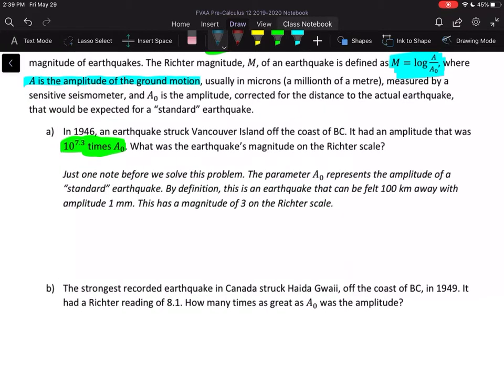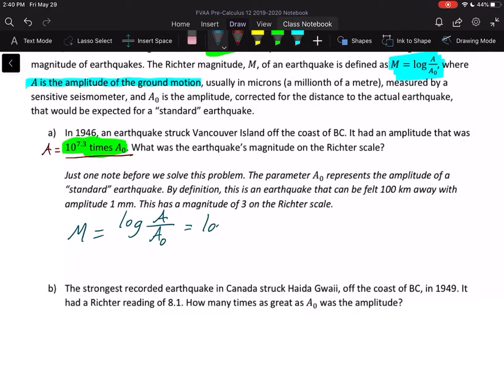So in this situation, I can start off with my equation, which is M equals log of A over A0. Because they give me the value of A as a function of A0, I can substitute that into my log equation.